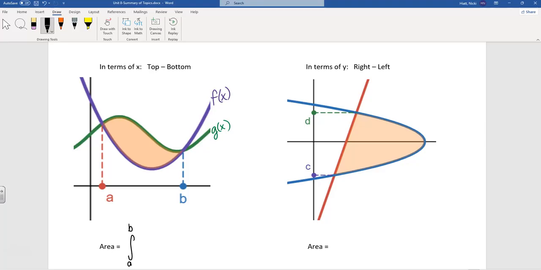Which one's the top function here? g of x minus the bottom function, which is f of x, dx. Everything's in terms of x. Limits come from the x-axis. No squares, no pi's, none of that, just top minus bottom for those.